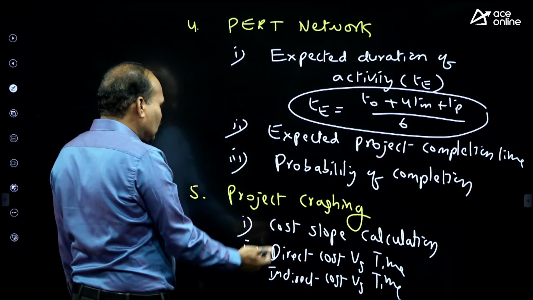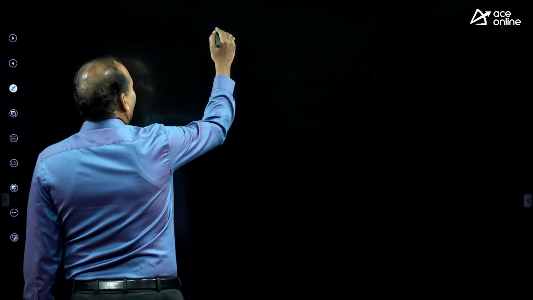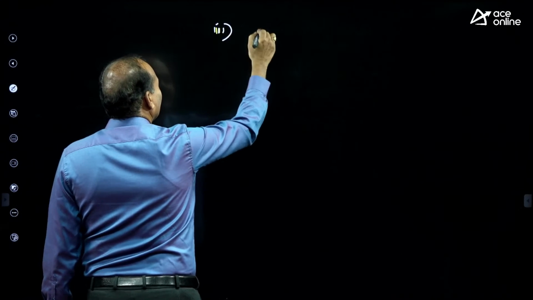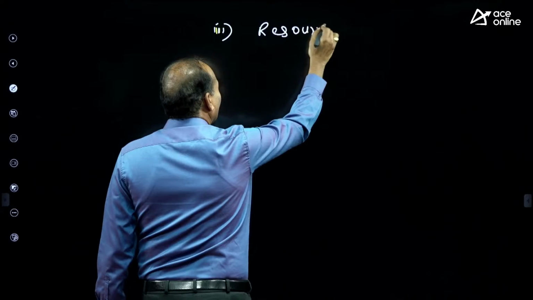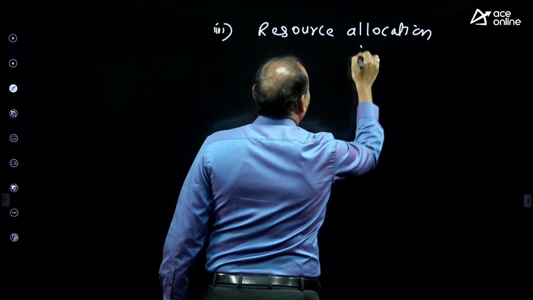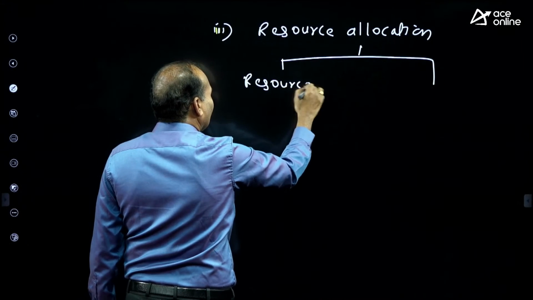And next, resource allocations. In resource allocations, the next heading could be resource smoothing and resource leveling.